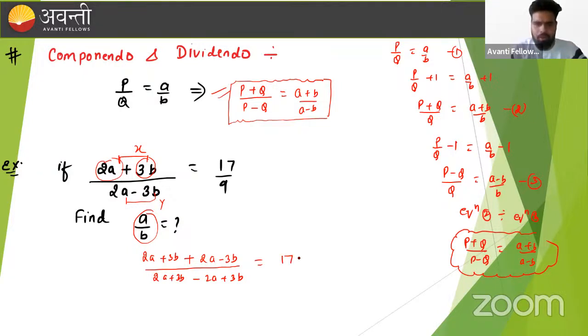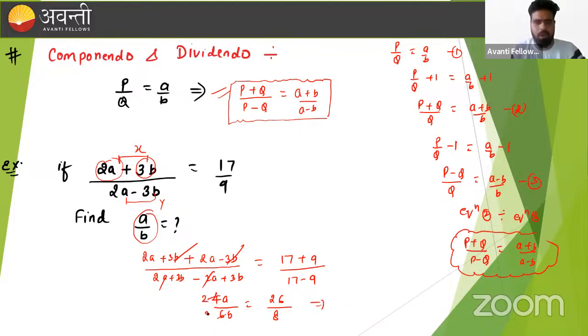So how can we write it down? 17 plus 9 and 17 minus 9. Okay. So what do we observe here, beta? We can clearly say that this will equal 4A divided by 6B. And here it will equal 26 divided by 8. So easily, what is the value of A by B?